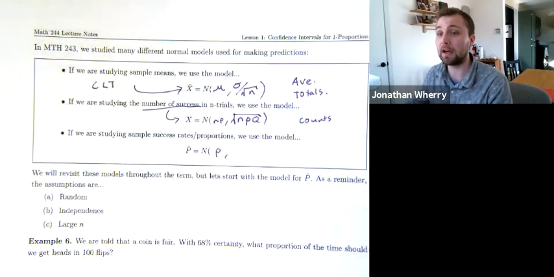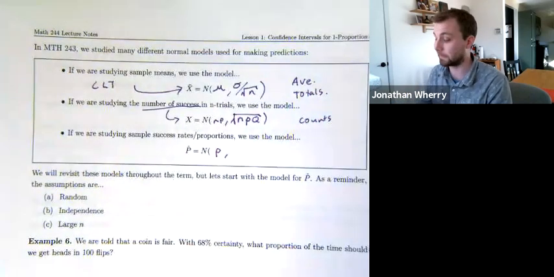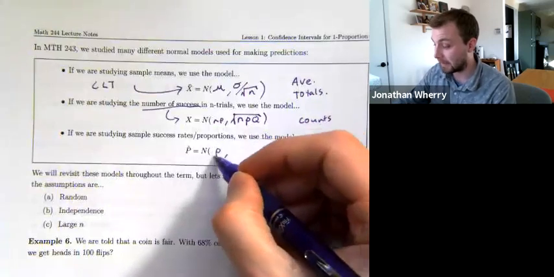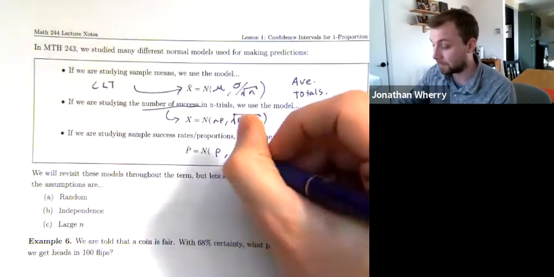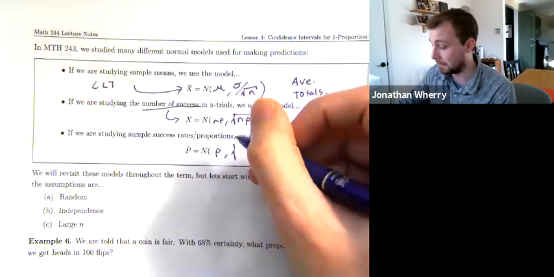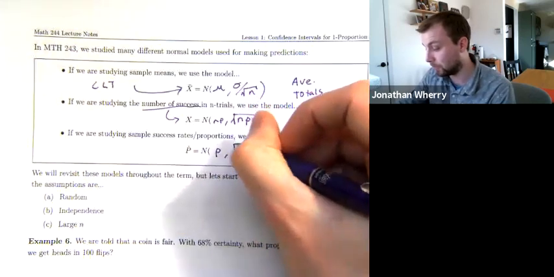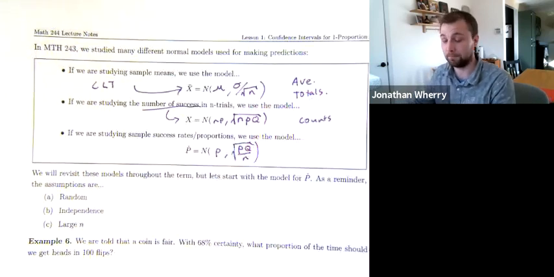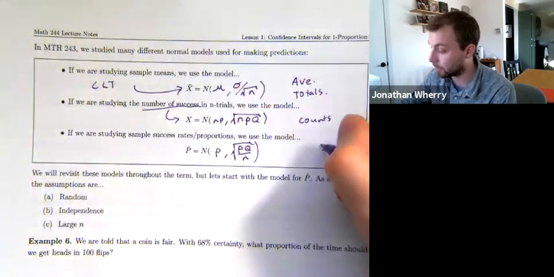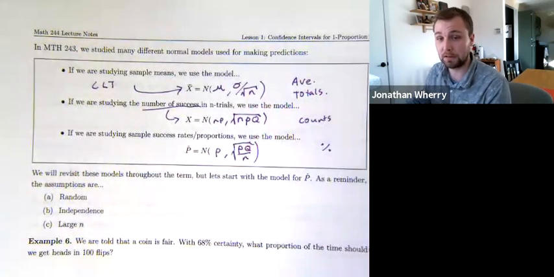Now, if I always got 50% for my sample, that's like a Stepford wife kind of weird number, right? That'd be weird to always get exactly 50%. Sometimes I might have 48, sometimes I might have 53. So my success rate will vary by the standard deviation. And that standard deviation is square root of PQ over n. I'm going to use this model when I'm dealing with percentages.